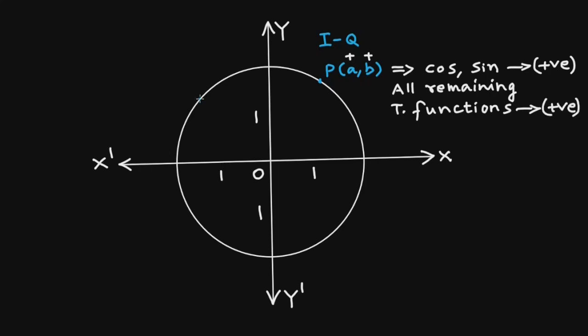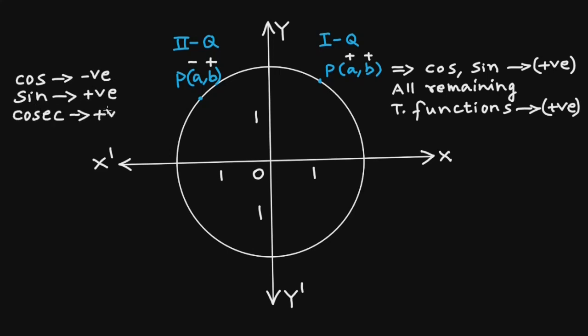If the point P (a, b) is on the unit circle in the second quadrant, then a will be negative and b will be positive, which means cos will be negative, sin will be positive, cosec will be positive, and the remaining functions will be negative because they involve negative cos.